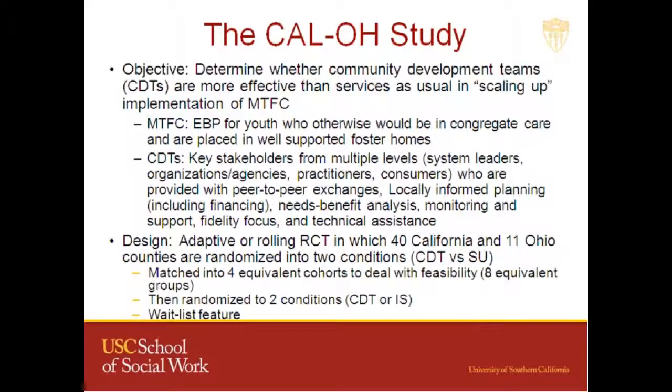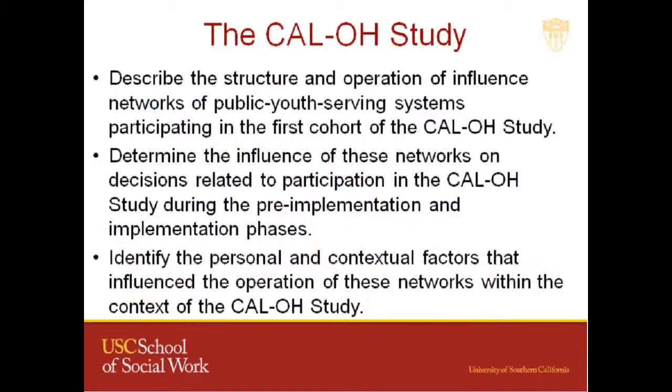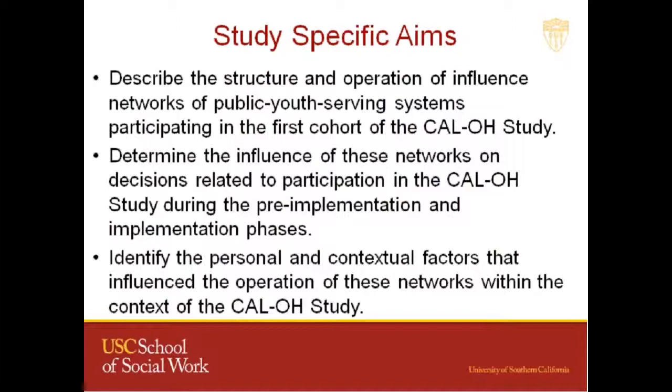or some counties that weren't quite ready to defer the randomization process. The specific aims of the social network study were to look at the structure and operation of influence networks of public youth serving systems that participated in the first cohort, in other words, the first 12 counties of this CALO study, as it was called.